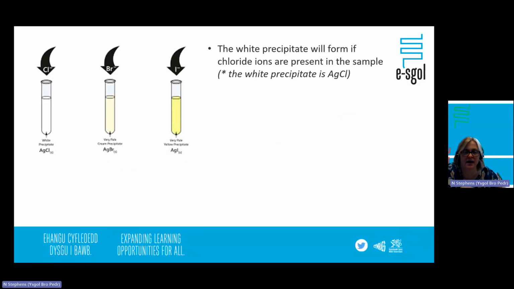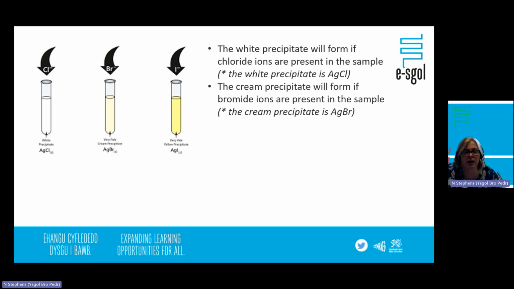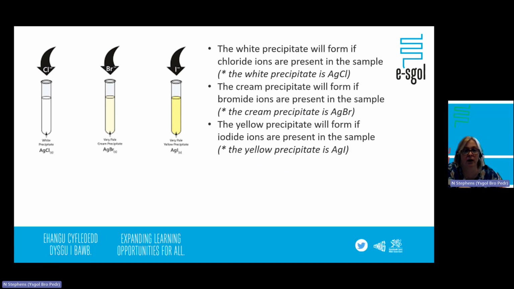So the white precipitate, as I'm hoping you're aware, would be silver chloride, AgCl, which is insoluble. The cream one, silver bromide, and the yellow one would be silver iodide, of course. Now, what you've also hopefully built upon since GCSE is that you can confirm the identity of that precipitate by using ammonia as well.